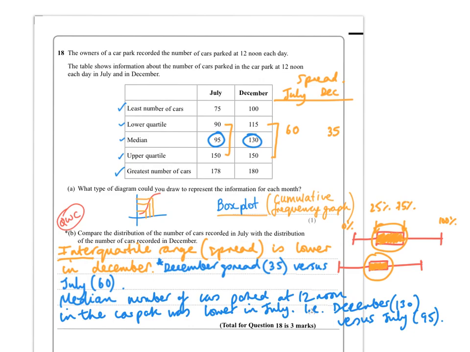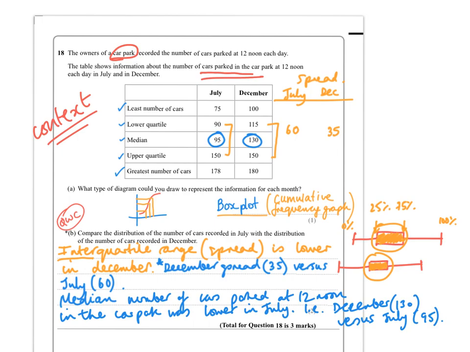Well, in my experience, you will not get both marks unless you relate your writing to the context. And the word context is nothing to worry about. It just means the context here is a car park and the number of cars parked in it. So you can't just say median's lower in July, spread is lower in December.